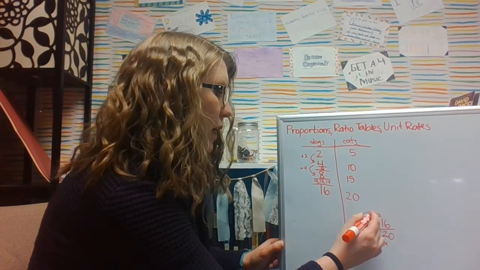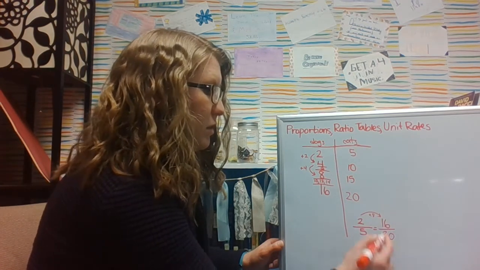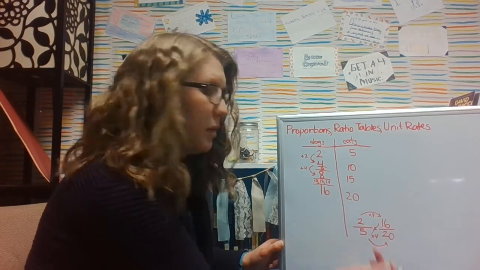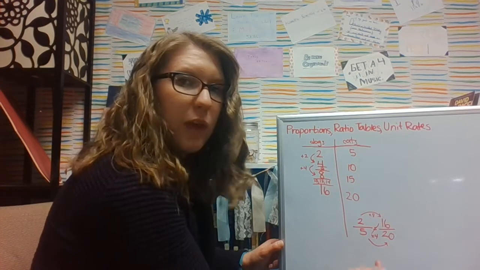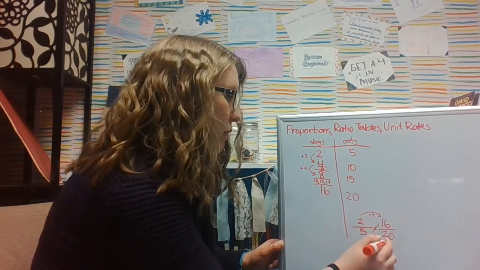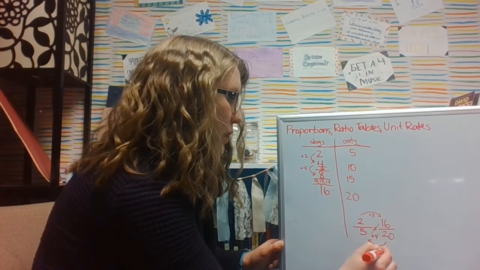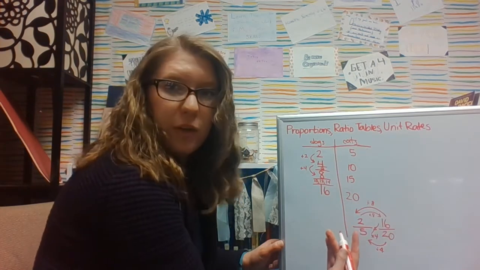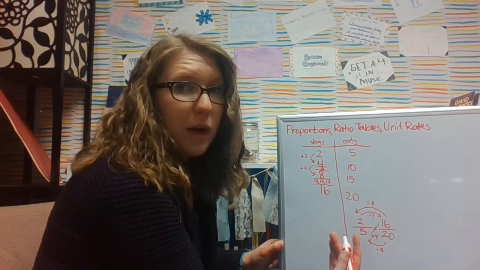I multiply by 8. So that is not equal. That's an unequal proportion because I'm not multiplying by the same thing or dividing by the same thing to get to the other fraction. So I want to be careful.